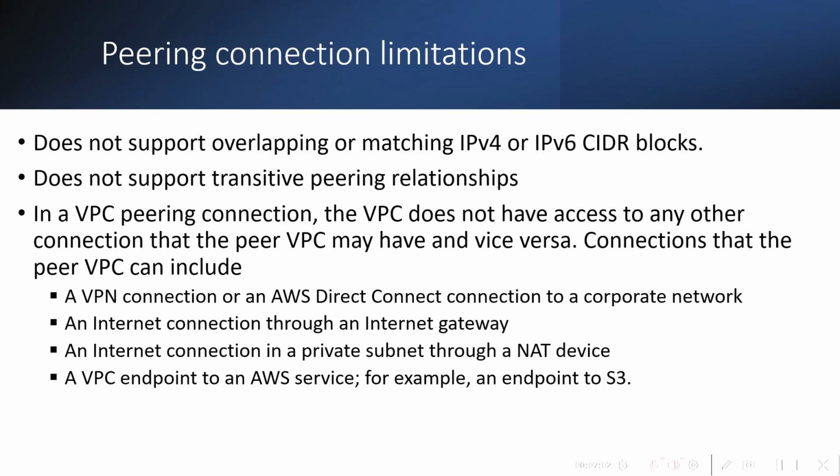In a VPC peering connection, VPC A doesn't have access to any other connection that the peer VPC may have. We already talked about the transitive peering relationship.